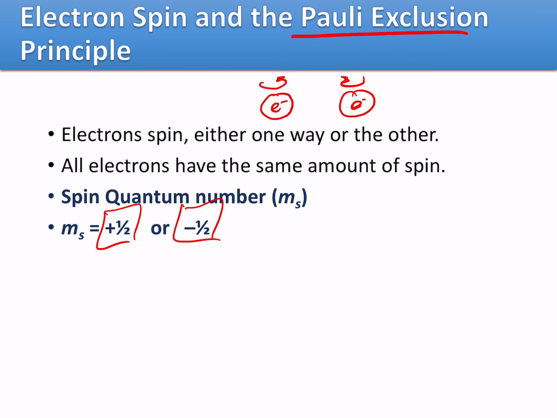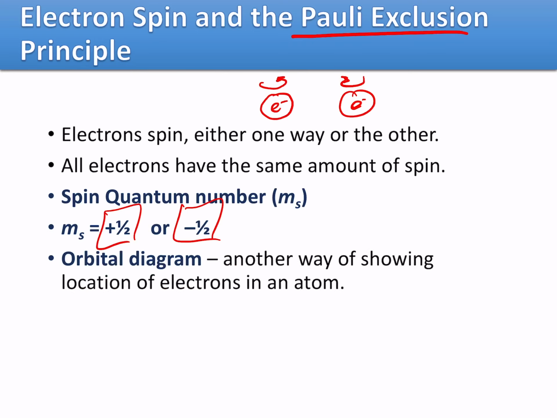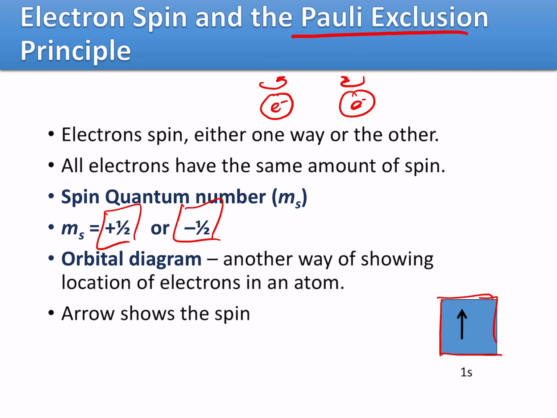So now we are ready to represent orbital diagrams, because these orbital diagrams will be sort of the room where you can locate the electrons. It's as simple as representing an orbital with a box, and inside the box, we represent the electrons with arrows.